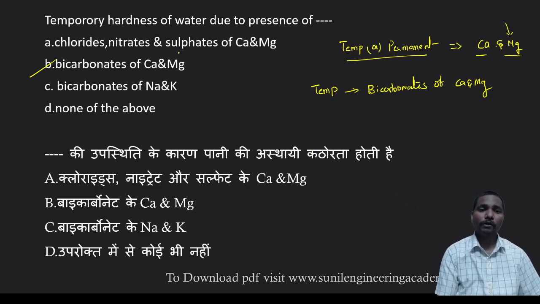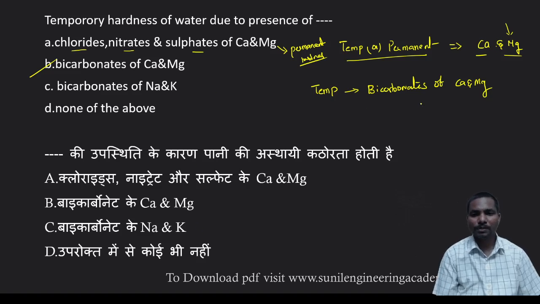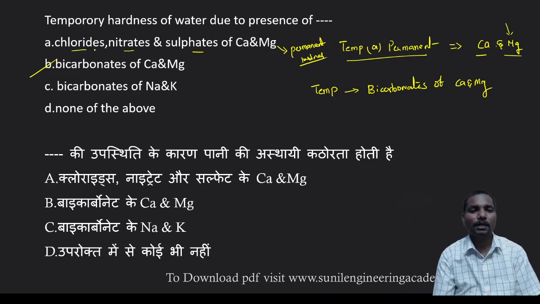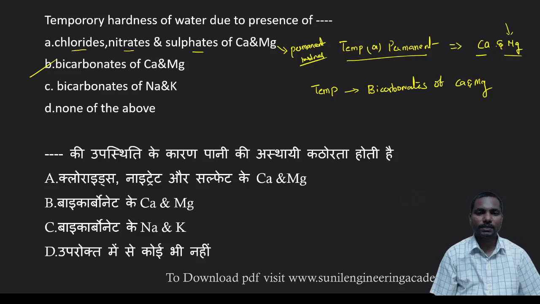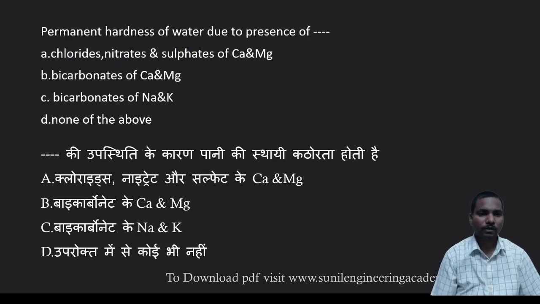And if you consider chlorides, nitrates, sulfates of calcium and magnesium, you will get permanent hardness. Just bicarbonates means temporary. If you go with chlorides, nitrates, sulfates, then that is permanent hardness. Here they have given the question, so the answer is chlorides, nitrates and sulfates of calcium and magnesium.